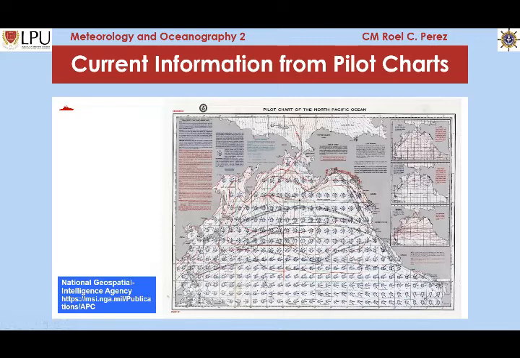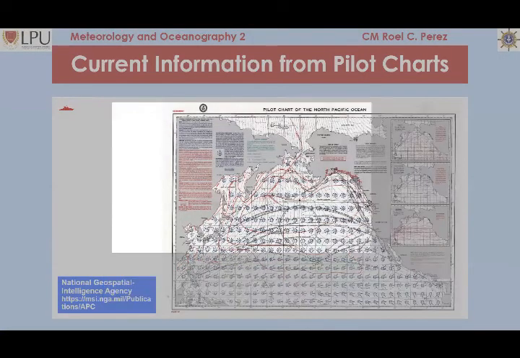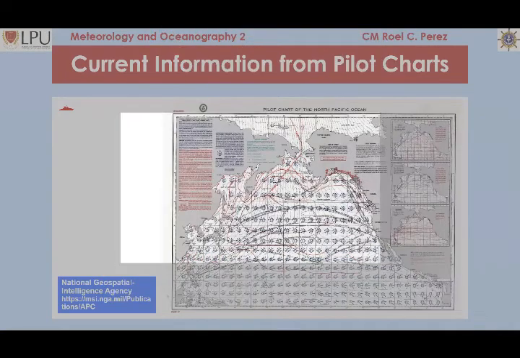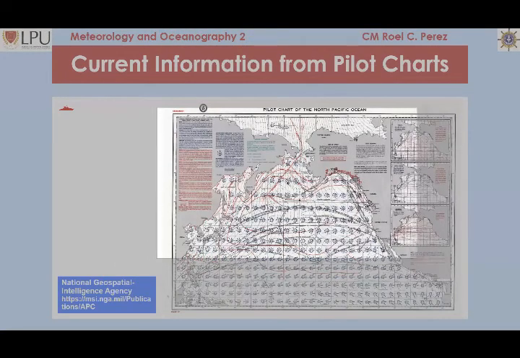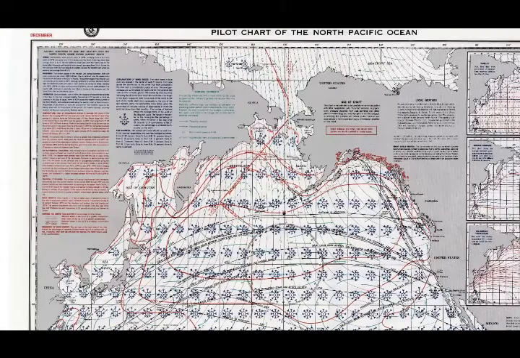Okay, so this is an example of a pilot chart. You can see there are instructions written all over the mainlands. And the green color is regarding surface currents.